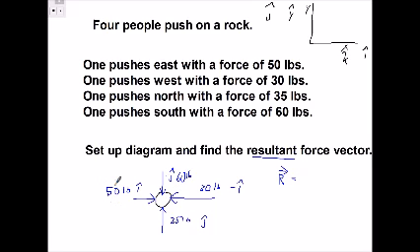So we have 50 pounds in the i-hat, but 30 pounds in the negative i-hat. So that would be 50 minus 30 in the i-hat direction. And then we would have 35 minus 60 in the j-hat direction.